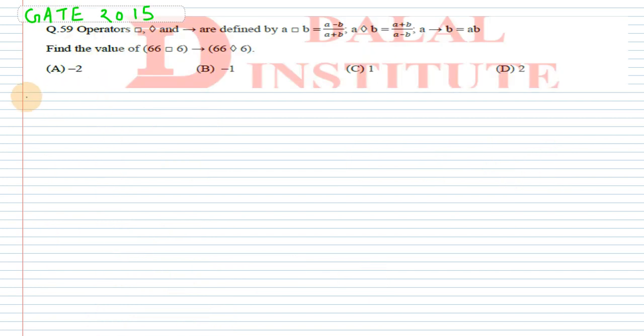So the next question says operators, that is rectangle, diamond and arrow. These are basically our operators, which are defined as follows. If we apply the rectangle operator between a and b, then it will be equal to a minus b divided by a plus b.